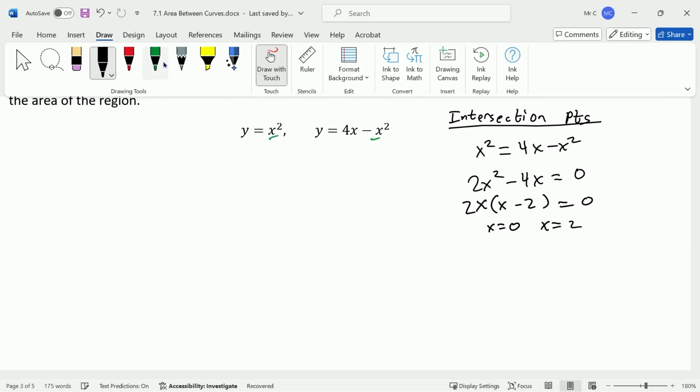And as discussed before, we can plug these x values into either function to compute the y value, because they're intersection points, so they're going to be the same. So I plug x equals 0 into x squared, I get y equals 0. And if I plug x equals 2, I get y equals 4. So those are my two intersection points.